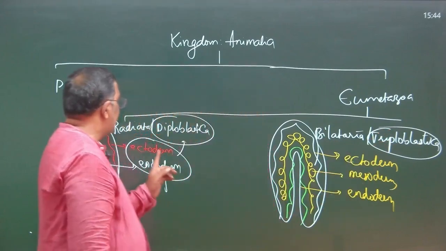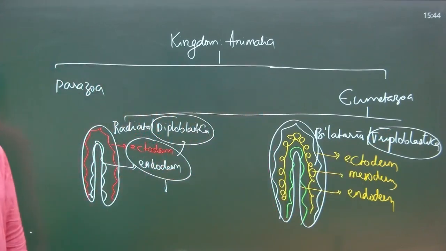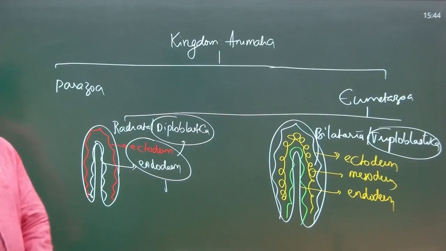If the organisms have two germ layers, they are called diploblastica.